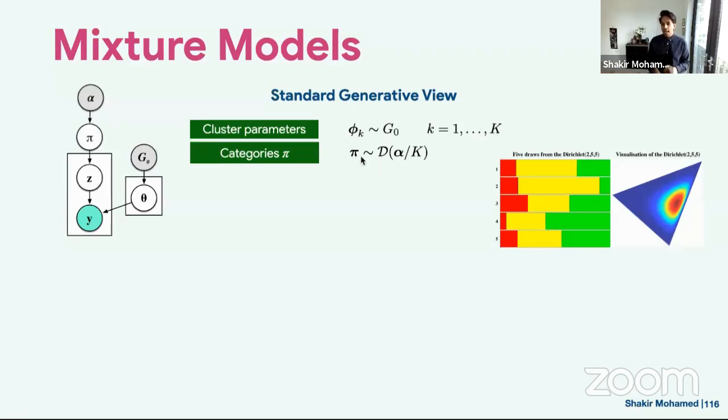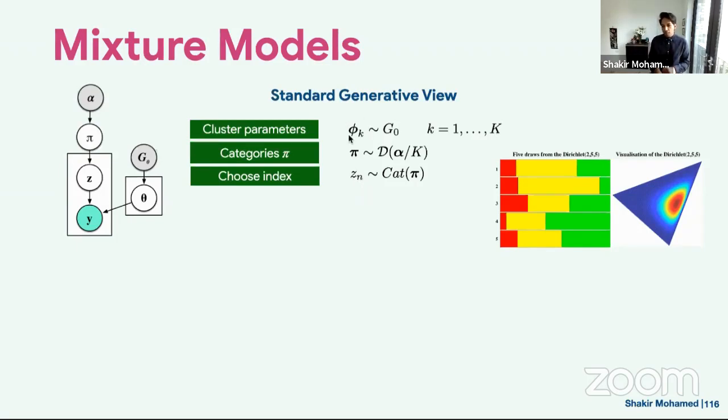So if you have k categories, you're going to sample from a Dirichlet distribution, which is going to give you the probability pi of sampling from any of those categories. Typically, what you want to do is then I need to choose an index. So I'm going to choose an index z, which is going to say, given these probabilities, I'm going to choose index i.